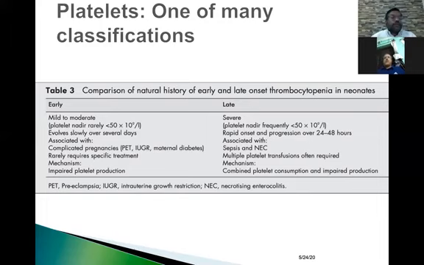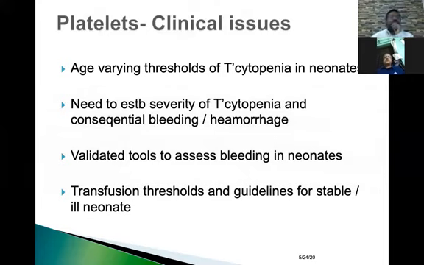It evolves slowly over days, is associated with complications of pregnancy, and may not need any treatment. The late are generally severe. Platelets drop quite rapidly and progressively over 24 to 48 hours and this is associated generally with more serious conditions like sepsis, NEC, and may need multiple platelet transfusions.